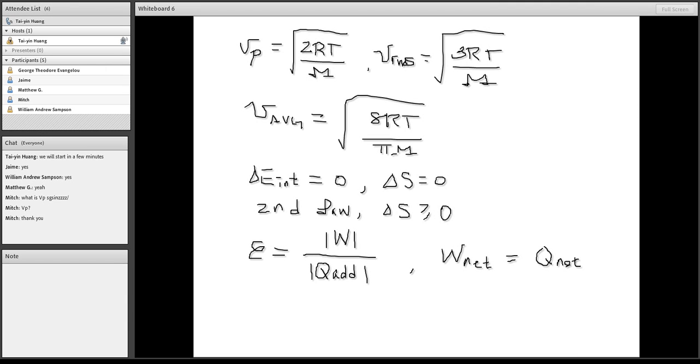So when you add it together, the amount of work will definitely be less than the amount of positive heat that's being added to the system, because there's negative heat, or the heat that's being lost by the engine to the environment. So this is the thermal efficiency.